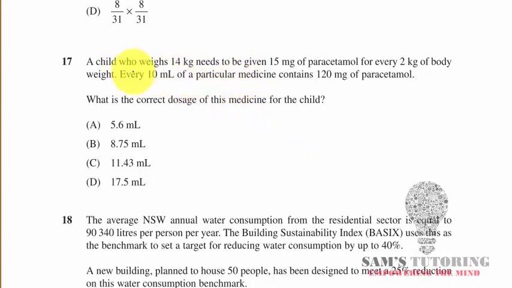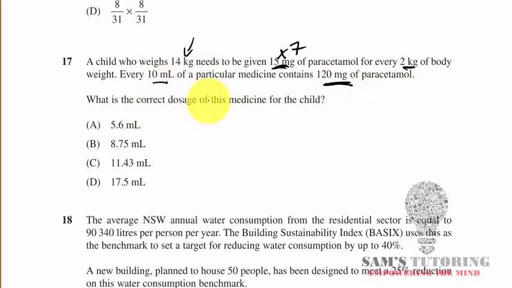A child who weighs 14 kilograms needs to be given 15 milligrams of paracetamol for every 2 kilograms of body weight, which means if they're 14, they need to be given 7 doses of that. 14 divided by 2. Every 10 mils of a particular medicine contains 120 milligrams of paracetamol.